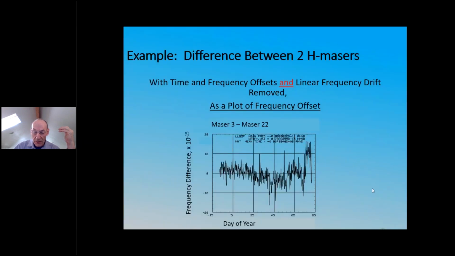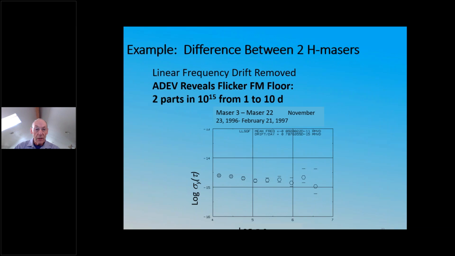I was here. And then if you take the Allan deviation of the data after removing the linear frequency drift, what you see is that long term, these data are dominated by flicker FM, all the way out from 1 day to 10 days. The data that I'm showing you, the short term are 1 data point per day. In the long term, there's an uncertainty.